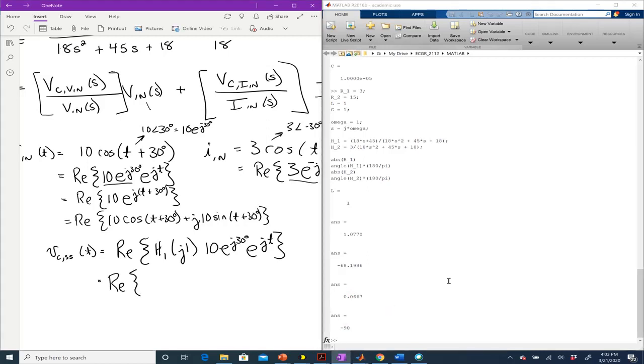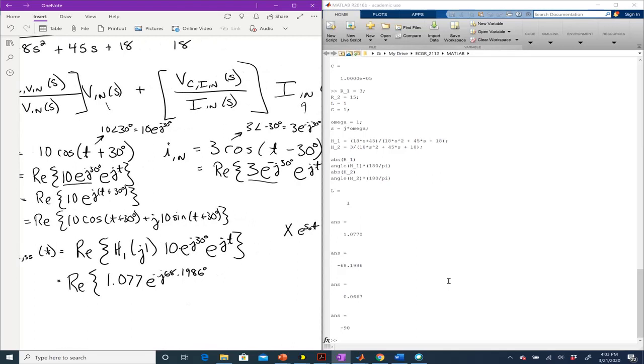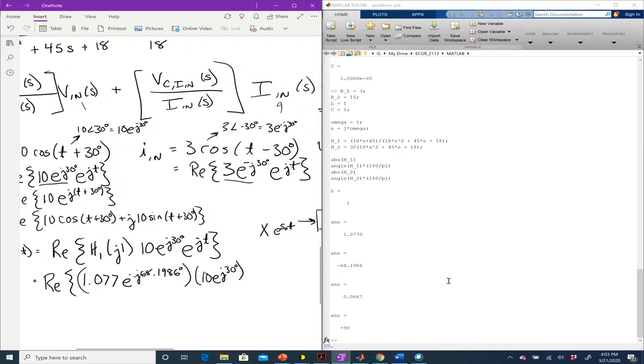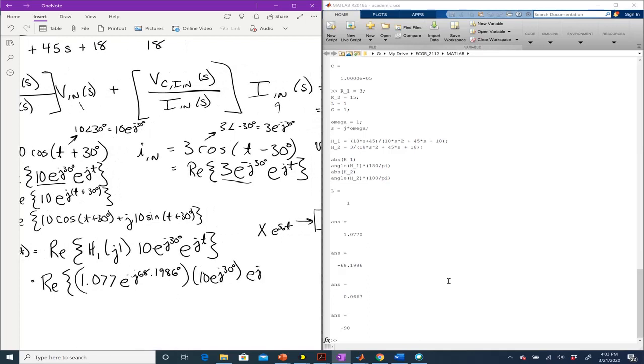The real part of, so H1 is 1.077 e to the negative j 68.1986 degrees, and that gets multiplied by 10 e to the j 30 degrees, and that gets multiplied by e to the jt.